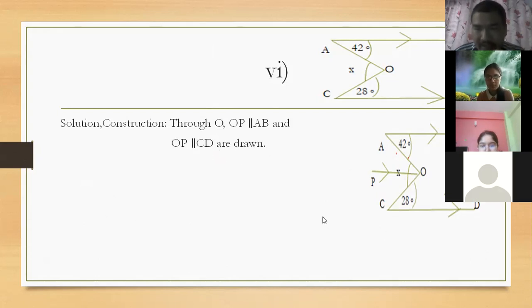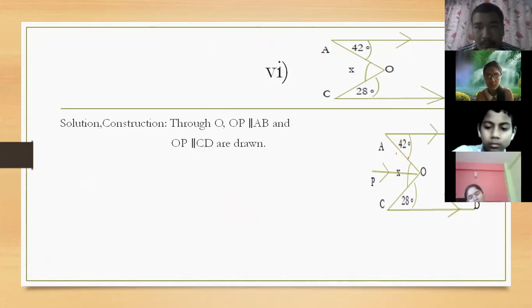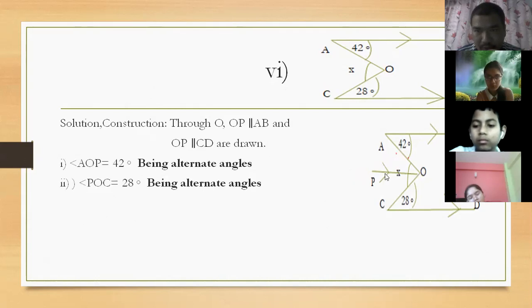After that, we have to find the upper angle, also alternate, and the lower angle, also alternate. AOP is an alternate angle with 42, and POC is an alternate angle with 28.